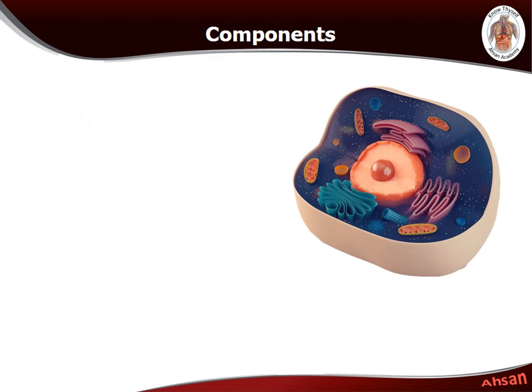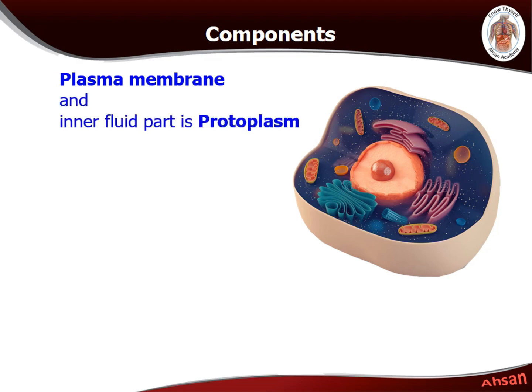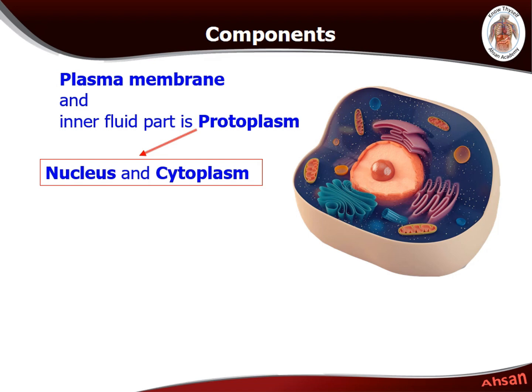If we look from the outside, the cell comprises the plasma membrane, and within it is a fluid portion known as protoplasm. Within the protoplasm, if we look into it, we will find that there is the nucleus, and if we take the nucleus away, the rest of the part is the cytoplasm.